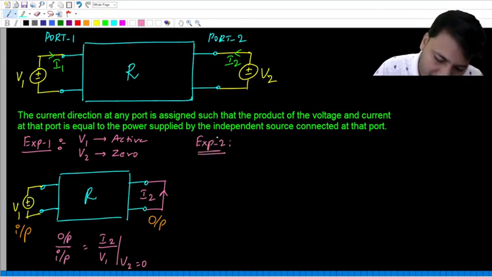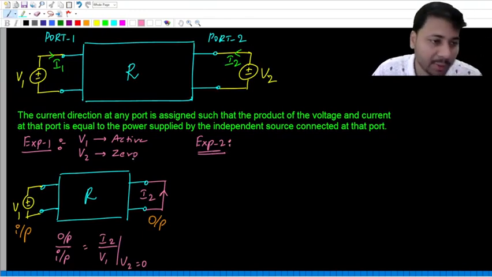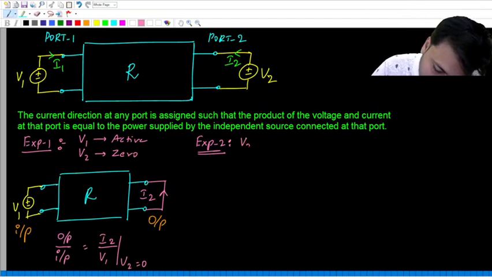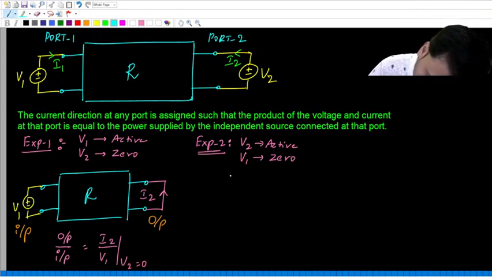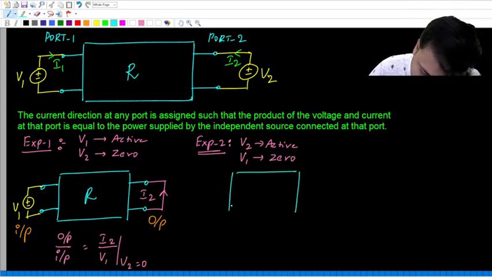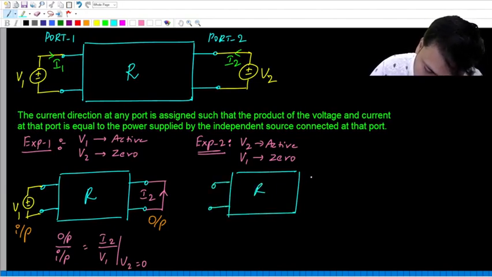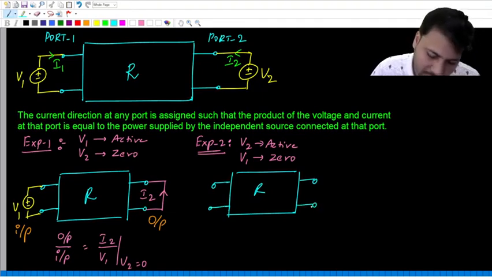In the same way, we have to perform another experiment. In the first experiment, voltage source V1 was active and V2 we made 0. This time V2 is going to be active and V1 we have to make 0. So first I draw the resistive network, and these are the 2 ports.